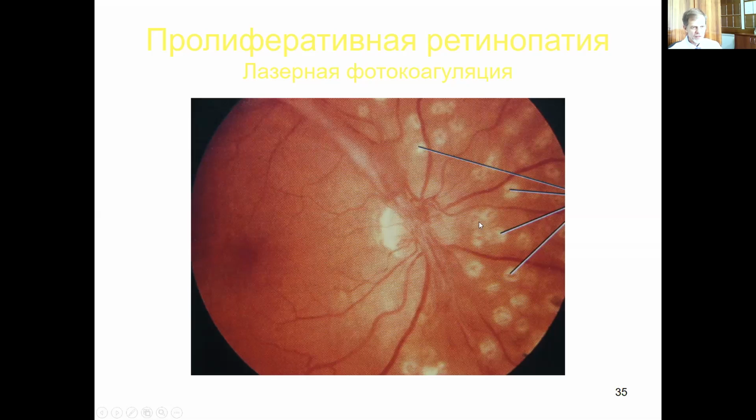What for? They cause damage, all these sites are damaged. But you know, the idea is the following. They shoot with the laser, and at this site we have damage, and then instead of damage, we have a scarring process.